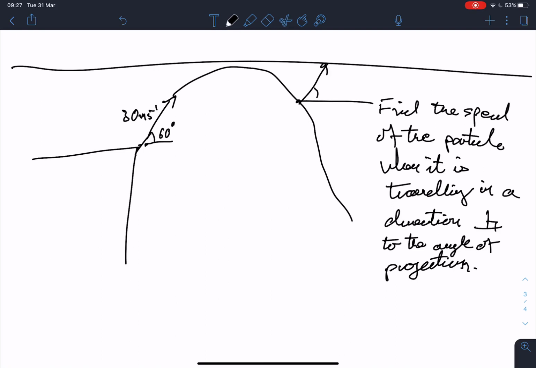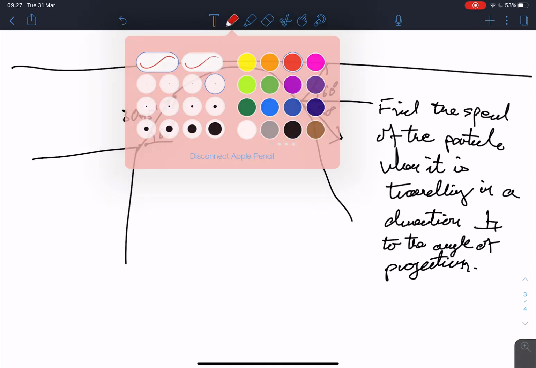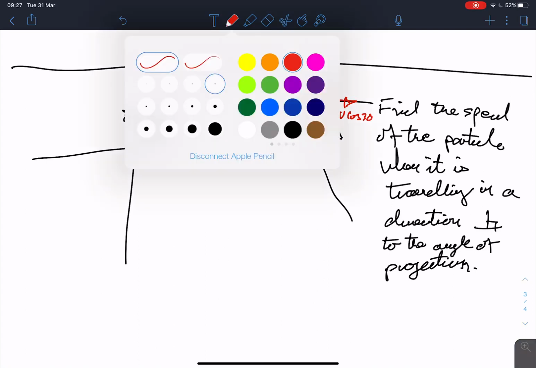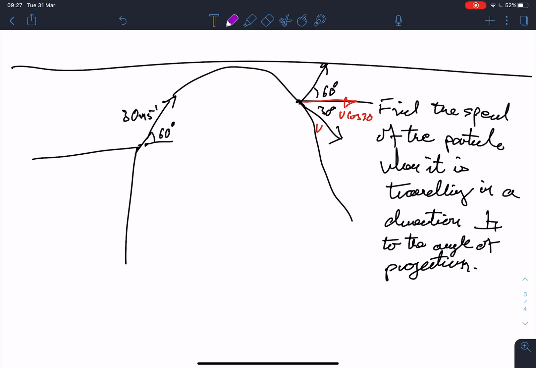Find the speed of the particle when it is travelling in a direction perpendicular to the angle of projection.